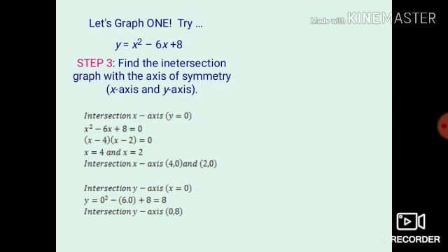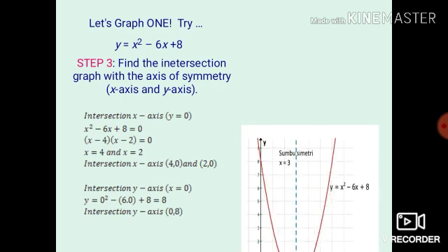We must factorize to find the value of x. (x minus 4) times (x minus 2) equal to 0. So the value of x is 4 or x equal to 2. So the intersections with the x-axis are points (4, 0) and (2, 0).